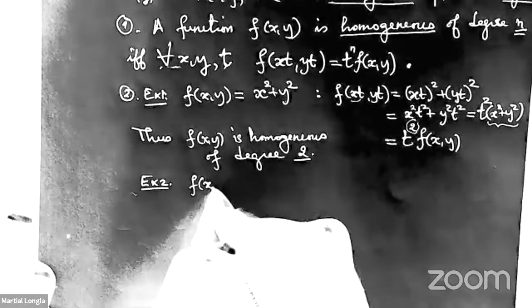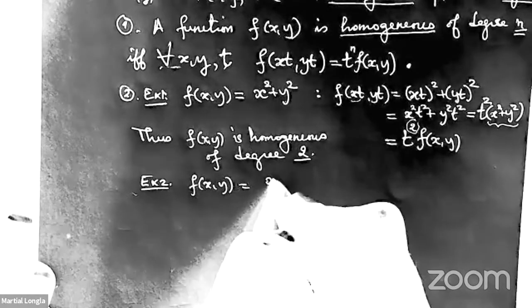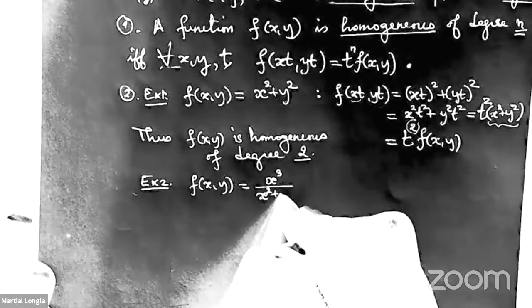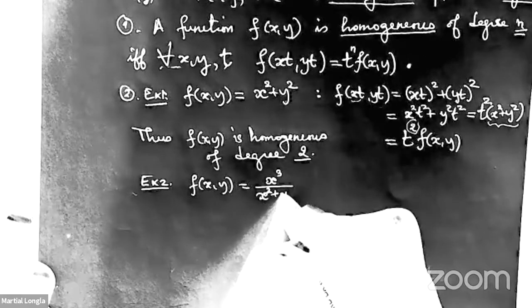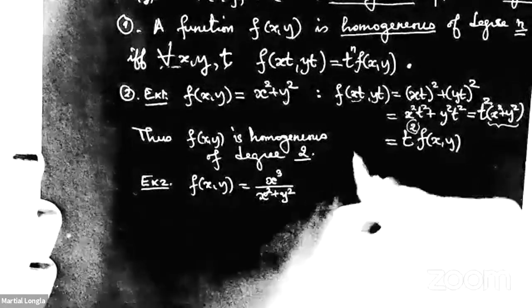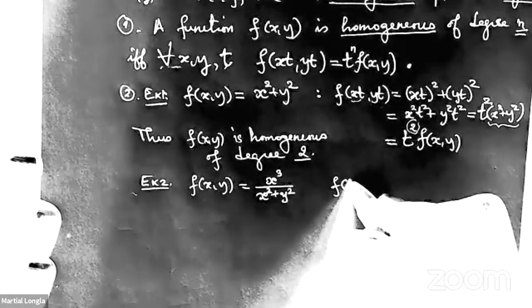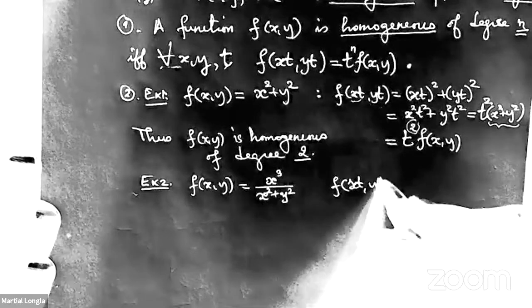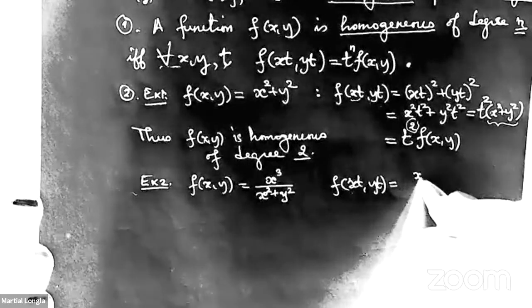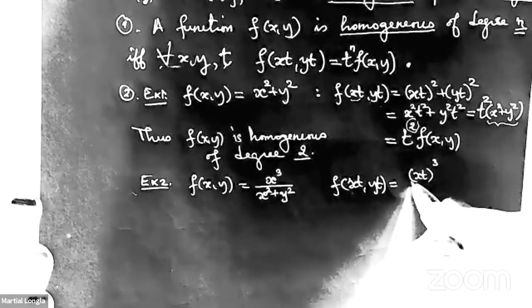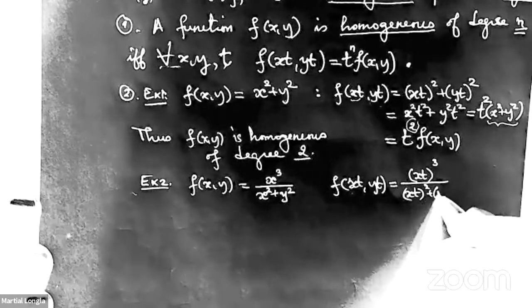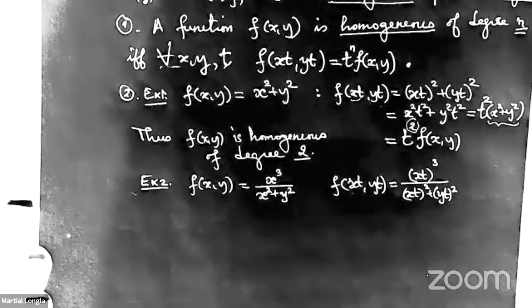f(x,y) = x³ / (x² + y²). If we do this, for example, and then we take f(xt, yt), that means replace x by xt, so that is (xt)³ / ((xt)² + (yt)²).